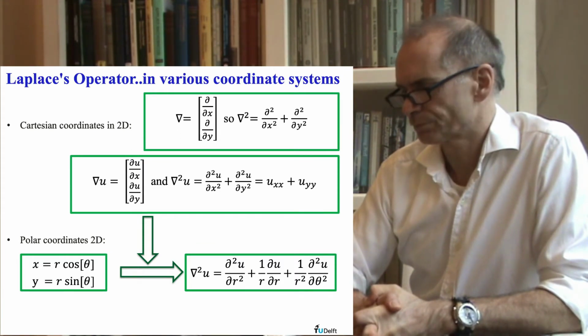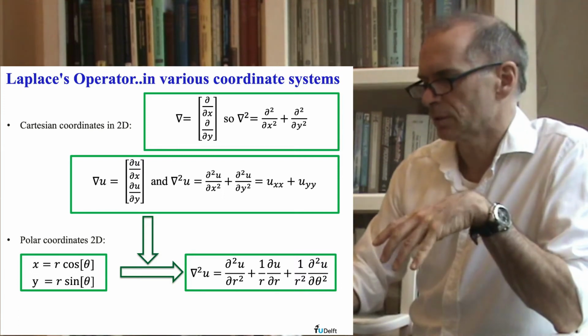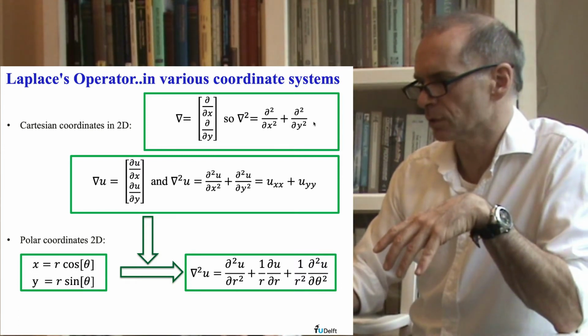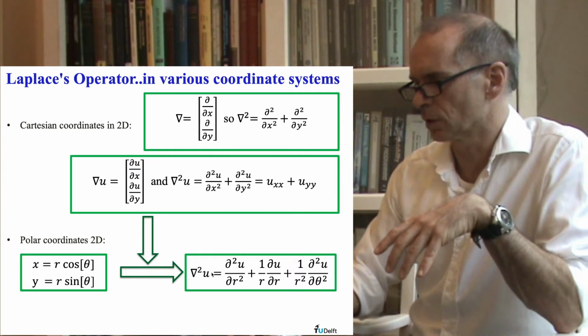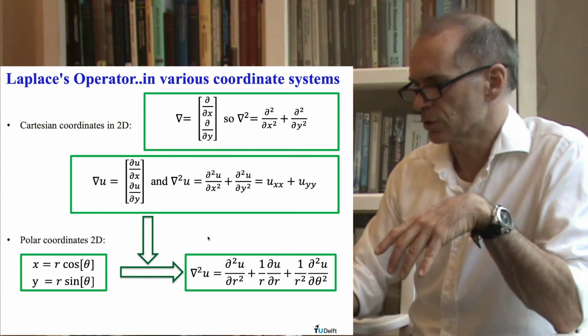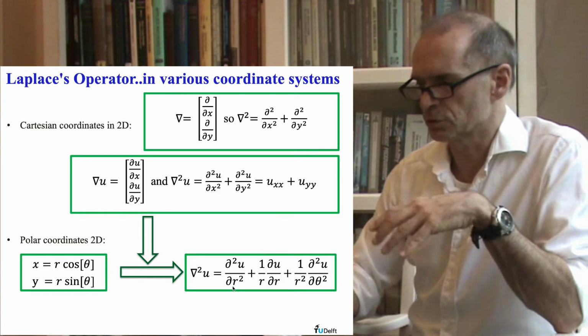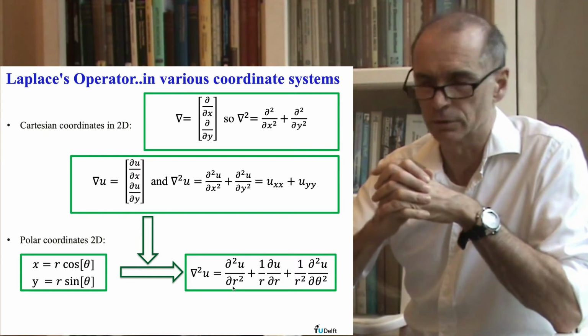So in that sense it would be a straightforward exercise, given this definition of the Laplace operator, to calculate the recipe that you would have to apply if you were given that same function, but now described in terms of polar coordinates.